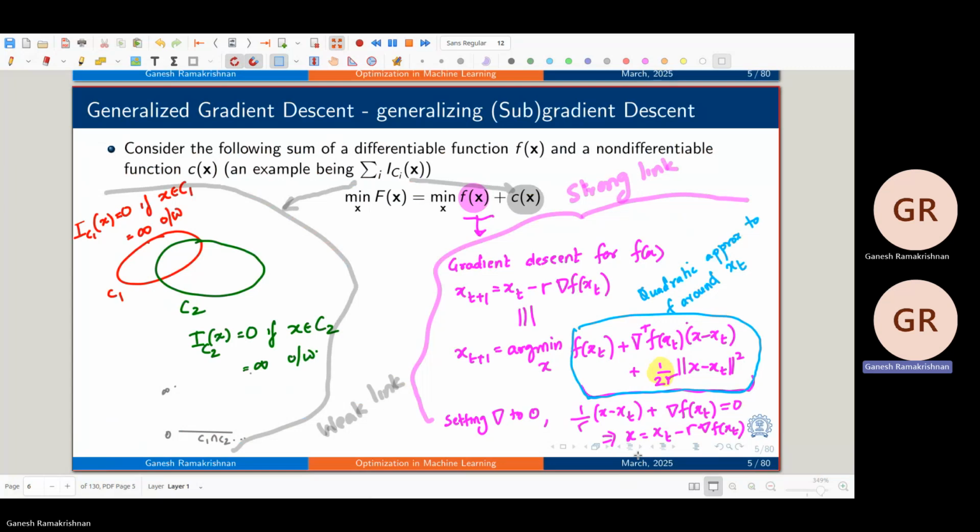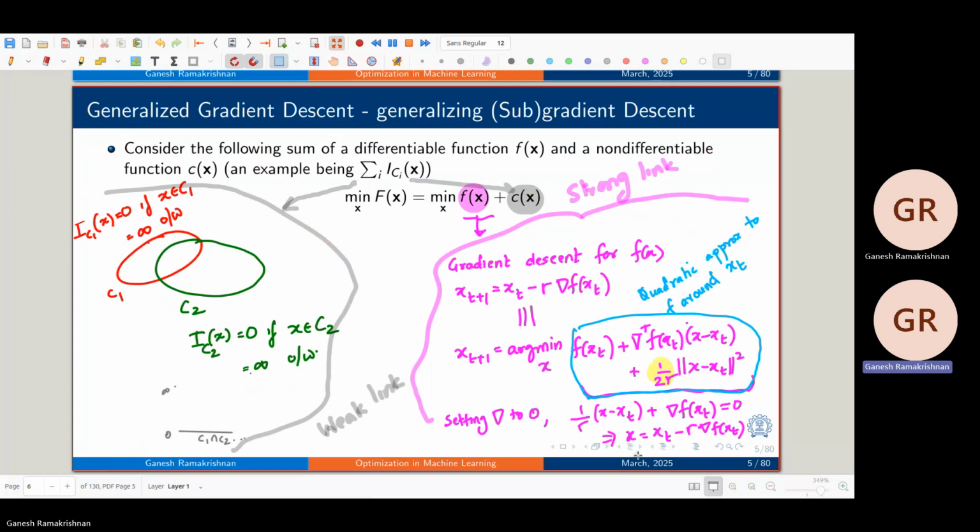How about I do gradient descent for f, and then do a retrospective correction for c. So gradient descent for f is x_{t+1} is x_t minus and so on. And then I say, well, let me look at what x_{t+1} itself means.